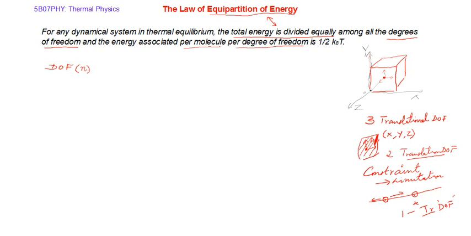Actually it is the minimum number of variables, meaning quantities like x, y, z, required to describe the motion of a system. The motion of a system. That system only we call a dynamic system.